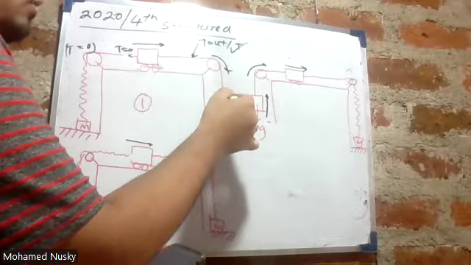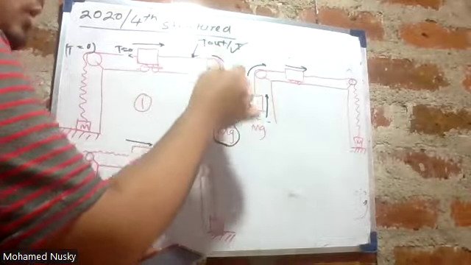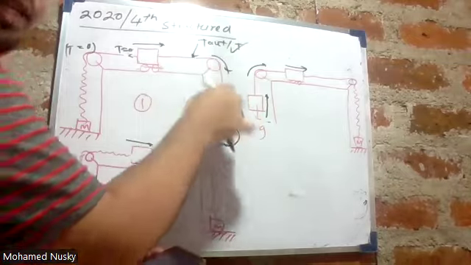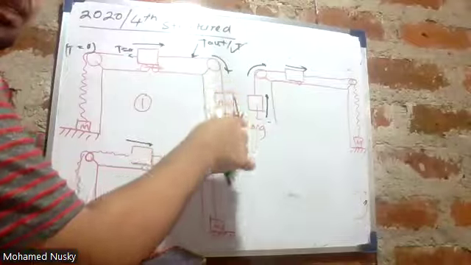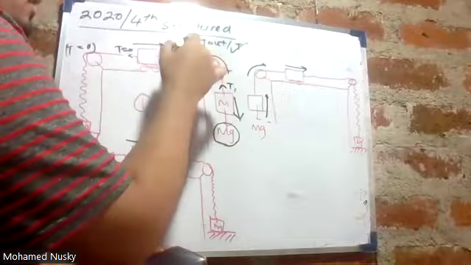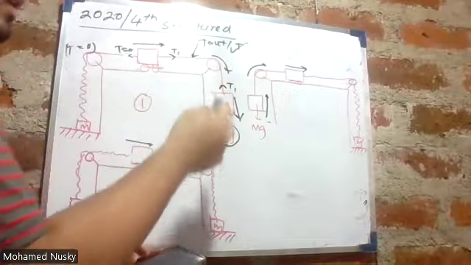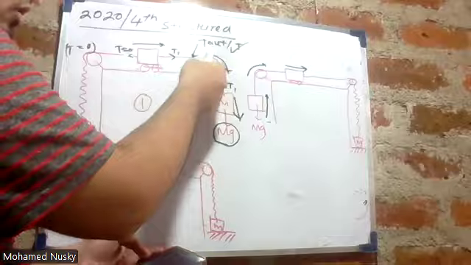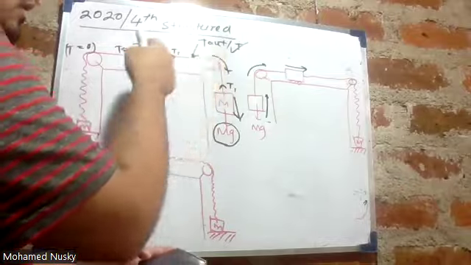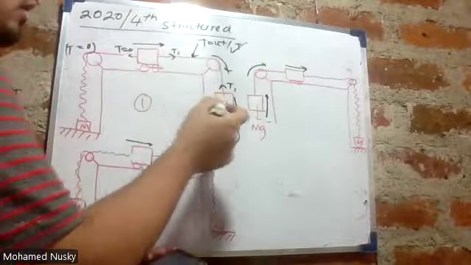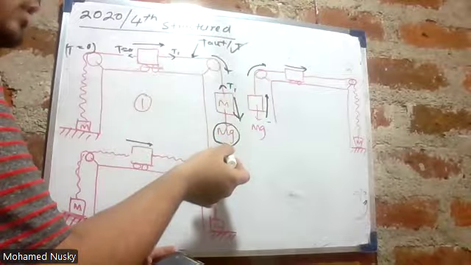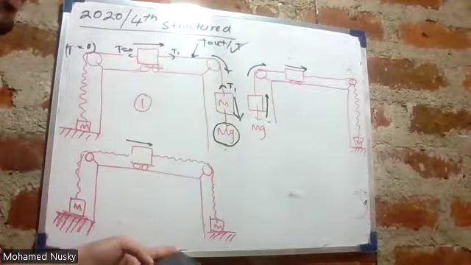Therefore, because this mass has an mg weight in the downward direction, it has an external unbalanced force. There will be a tension here T1, and here there will be a tension T1. This force will move along the string and it will remain the same. The tension along the string will remain the same. So this box will have an mg force in the downward direction and a T1 force in the upward direction.